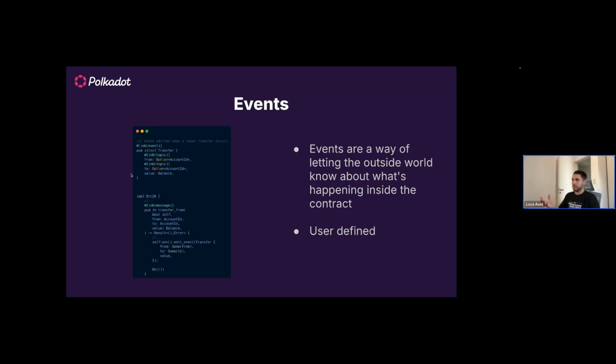It takes time, because we build a transaction. We send this transaction to a node. This node has to build a block, then propose the block, execute the block. So it takes time, and we cannot know instantaneously what happened. So the best way of doing this is with events, okay?